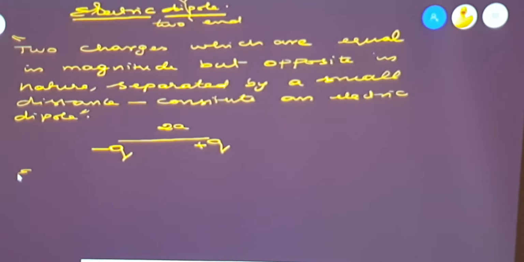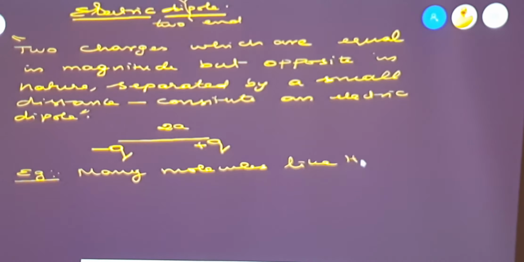See, we can state some examples. Most of the molecules are considered to be electric dipoles. Many molecules like water molecule, that is H2O, then ammonia, NH3, then methane, CH4, then carbon monoxide, CO, and hydrochloric acid, HCl.